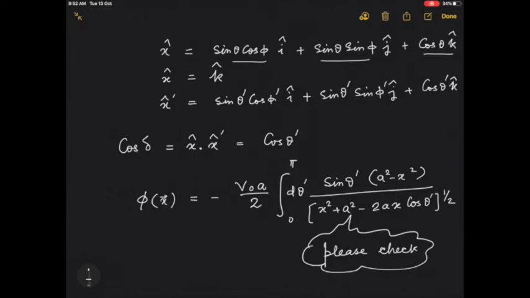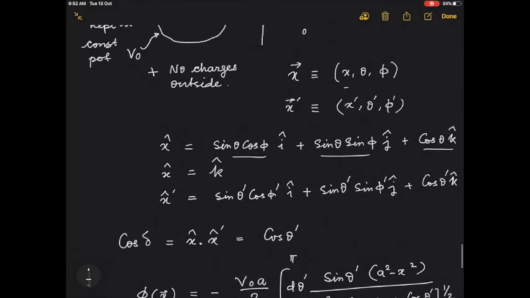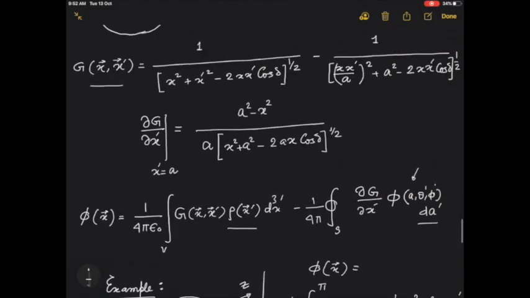And also do the integral. If you do the integral, you will see this will come out to be something very familiar. So that I will not do, but just wanted to demonstrate to you how this works.